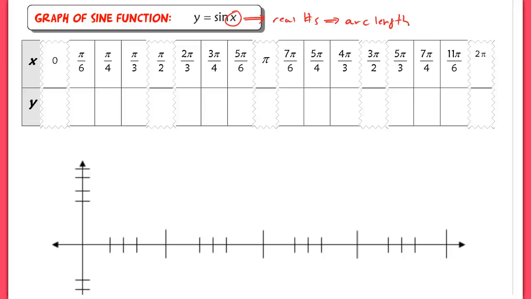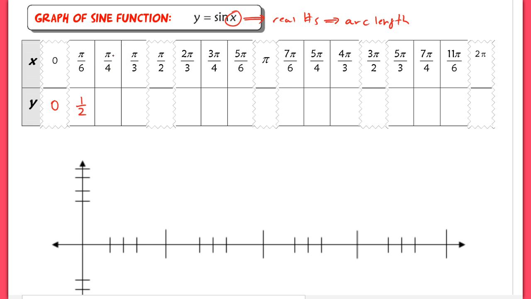So when we look at, let's say, the sine of pi over 6, that's the same thing that you did last chapter. What is the sine of pi over 6? Well, since it's in the pi over 6 family, it is closest to the x-axis, which means the sine value is the smallest, so it's 1/2. Now, for x is 0, obviously when you start on the x-axis, your y output, since it's on the x-axis, is 0 also.